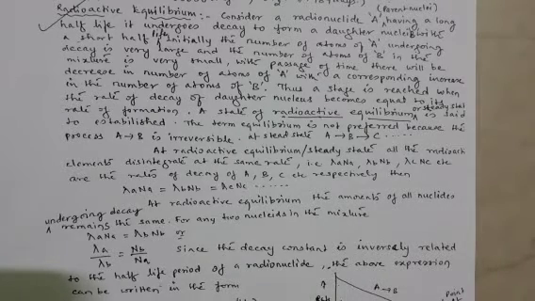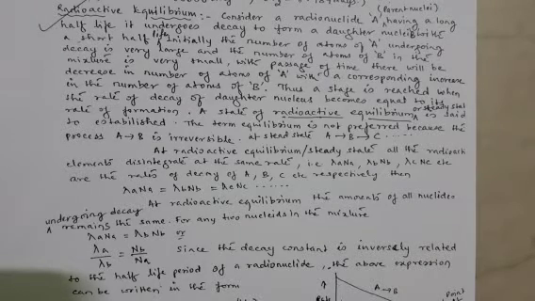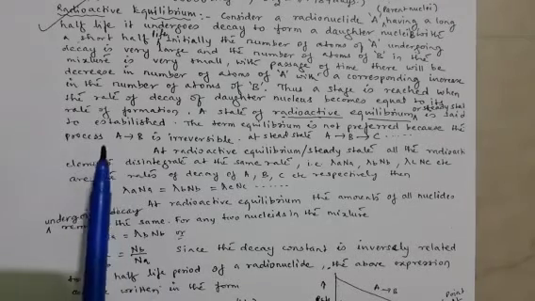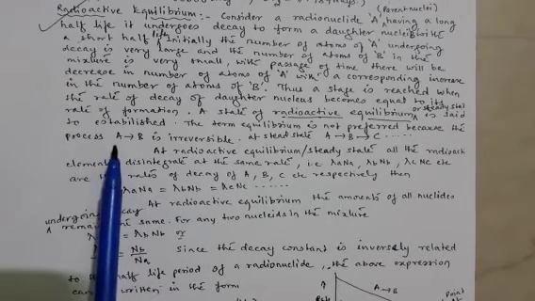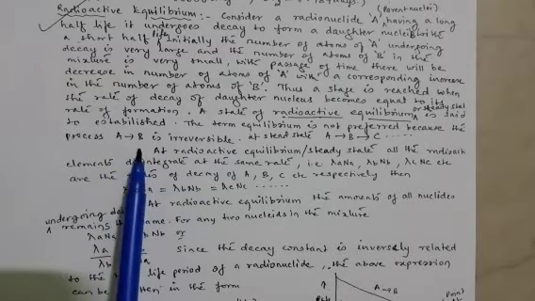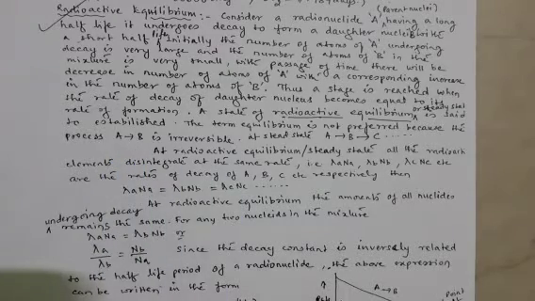A state of radioactive equilibrium, or a steady state, is said to be established. The term equilibrium is not preferred, because the process of decay of the parent nuclei A to the daughter nuclei B is irreversible.